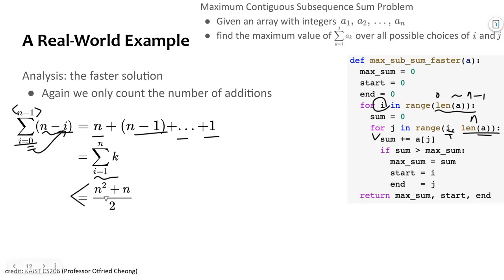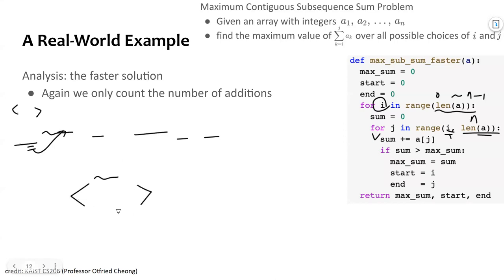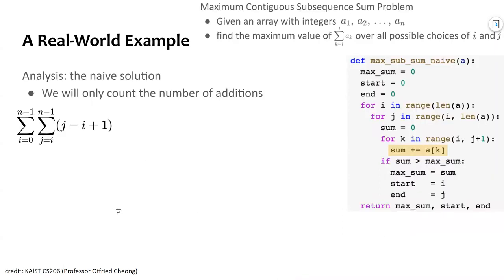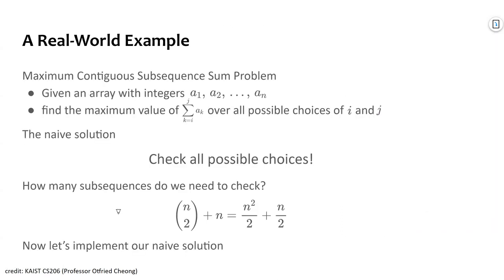And can you guys remember this number? This is what we just saw in the previous slide here. So we saw that this is the total number of subsequences we need to check, right?